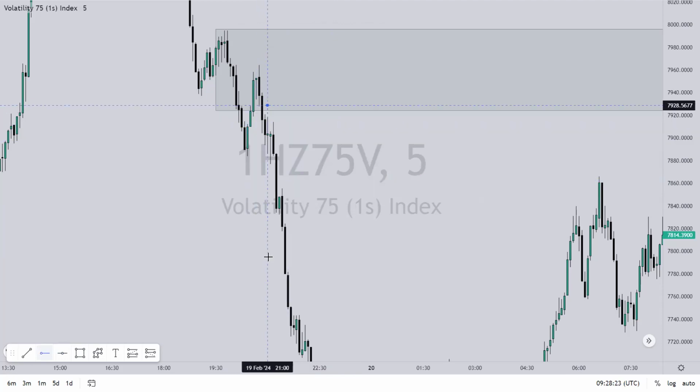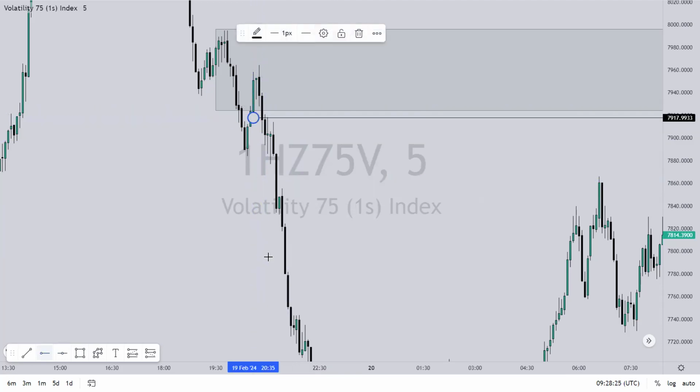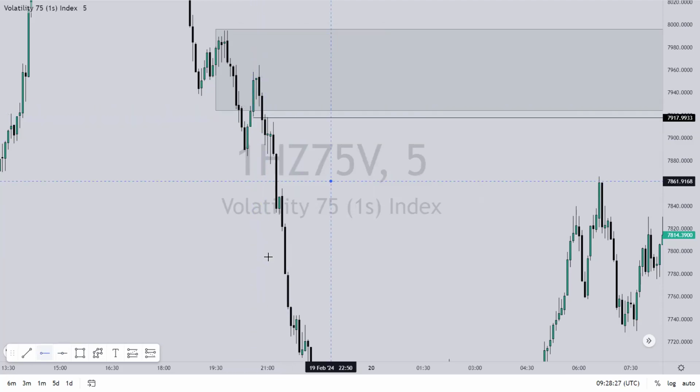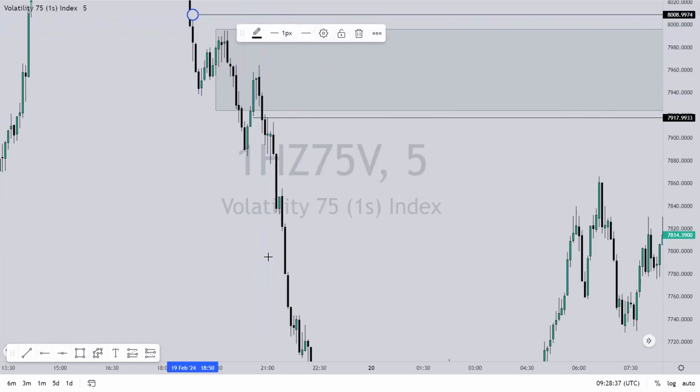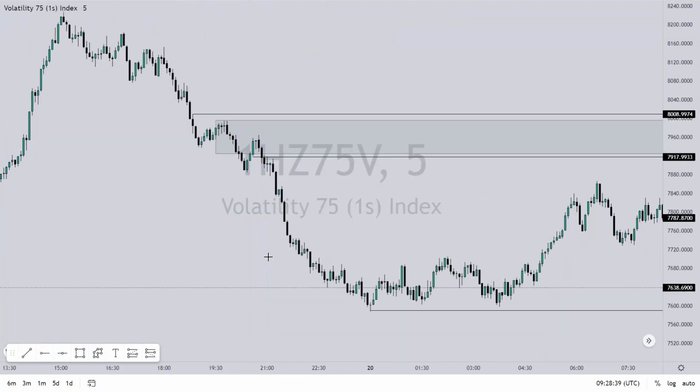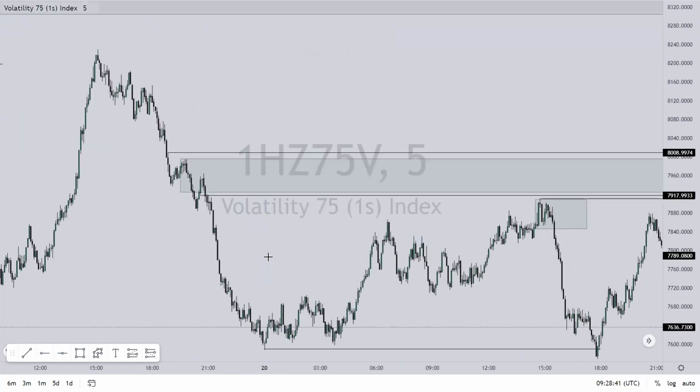So I just placed my limits at the sponsored candle, the open of the sponsored candle, and I placed the stop loss above this area. So I marked out 2 PO high, I marked out this area, and I marked out this area also because we might be getting into this area as well.